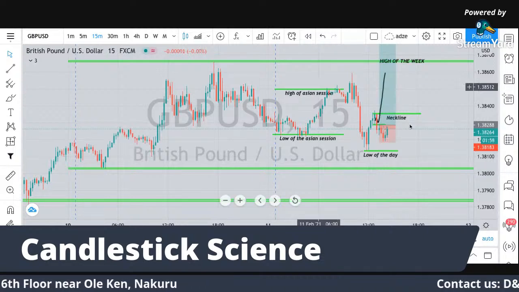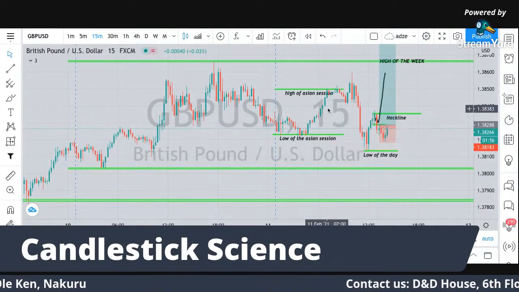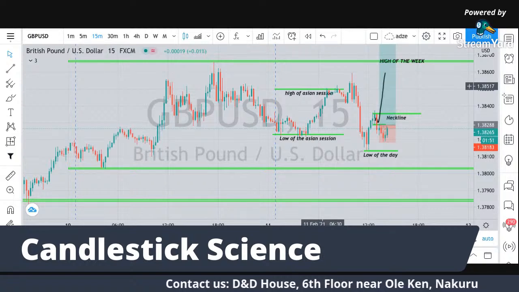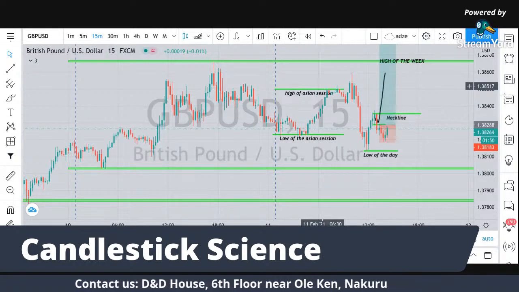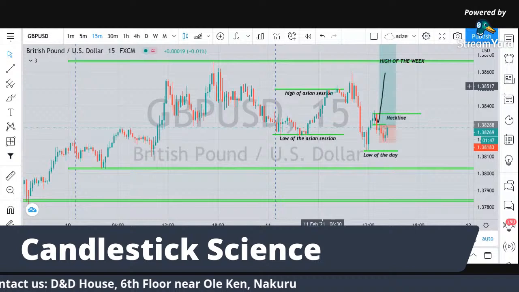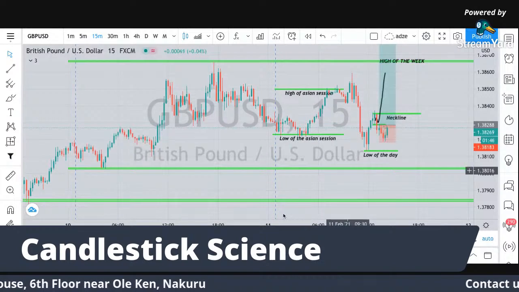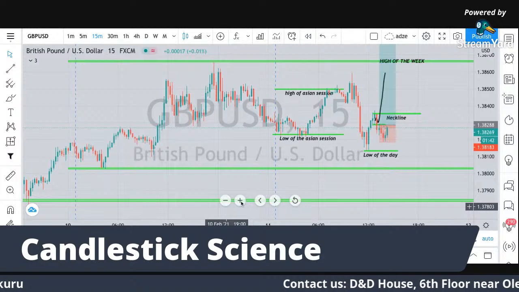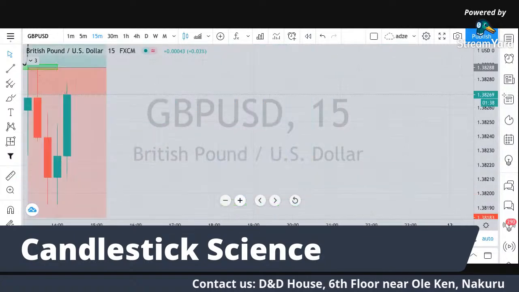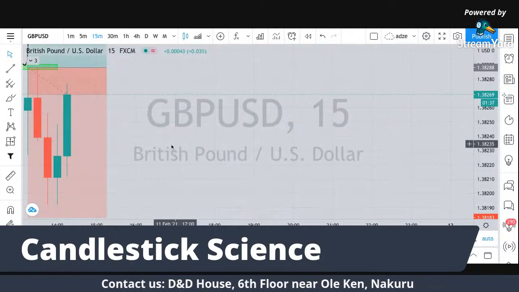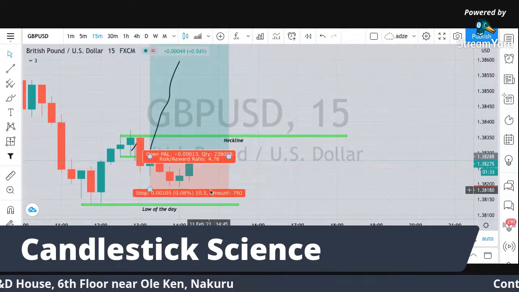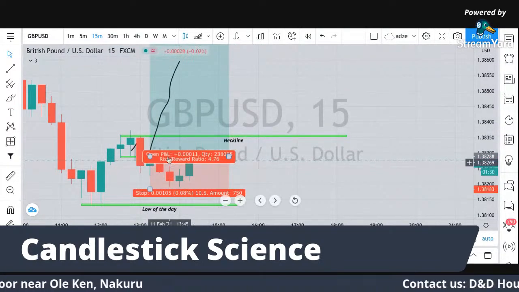We'll start as we are monitoring this trade. Our entry is at 1.38288. Stop loss is 10 pips, that is 1.3883. It was almost hit, almost, like 3 pips or 2 pips.